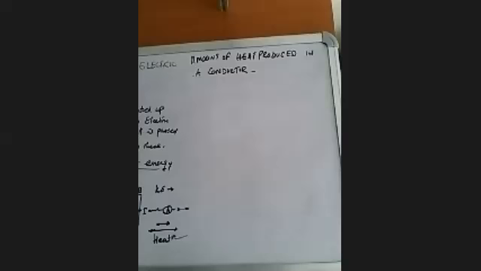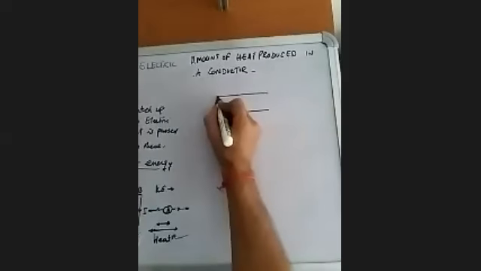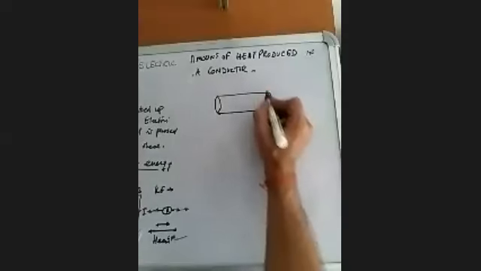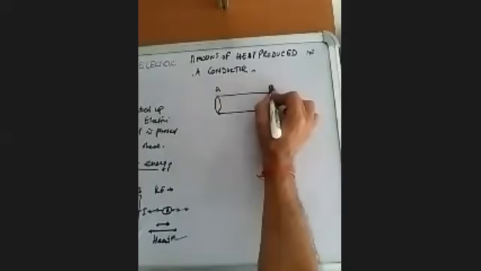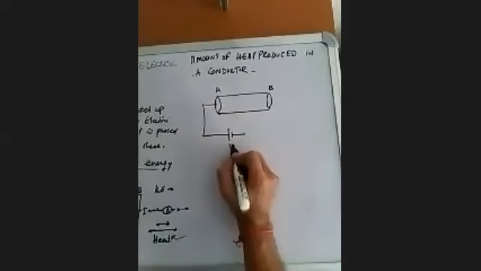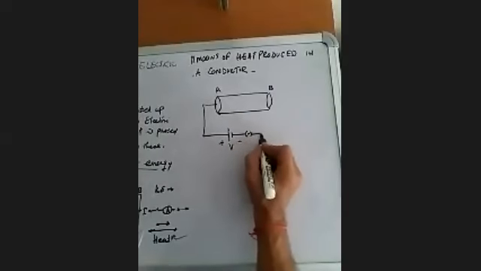Now suppose we have a conductor AB, two ends A and B are connected to a cell which is providing potential difference V through a key.